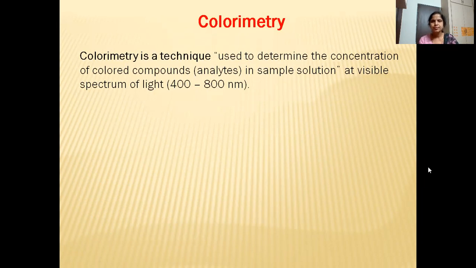Then only we can determine the concentration by using colorimetry technique. The light source we are using is at visible spectrum, because as we know, in the visible spectrum all the colors can be seen, that is between the wavelength 400 to 800 nanometers. So colorimetry is actually used only for the colored compounds.